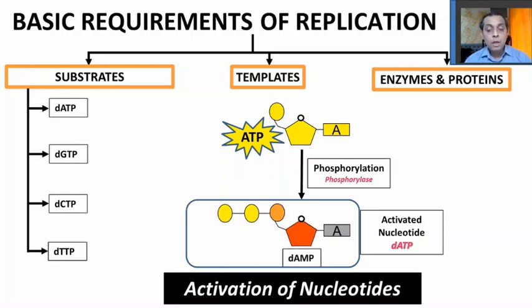For example, dAMP, deoxyadenosine monophosphate, has been converted to deoxyadenosine triphosphate. That's how the activation of nucleotides happens, already in the G1 phase of the cell cycle, and then they are ready for replication.